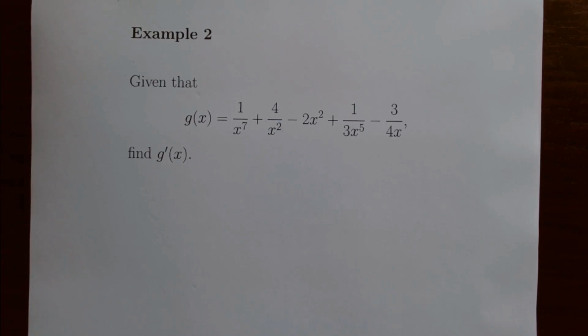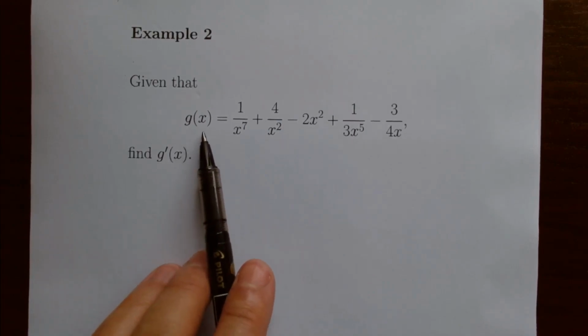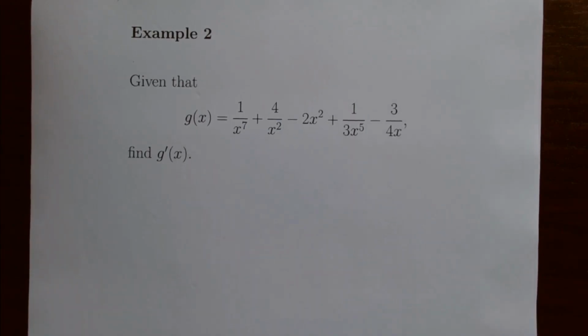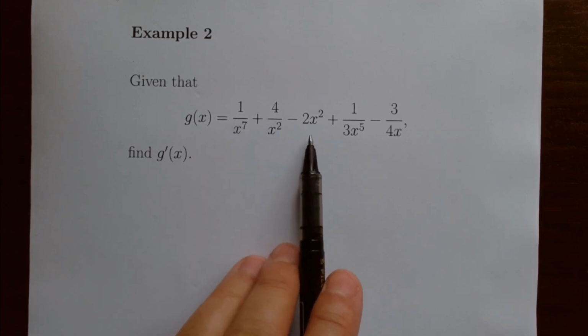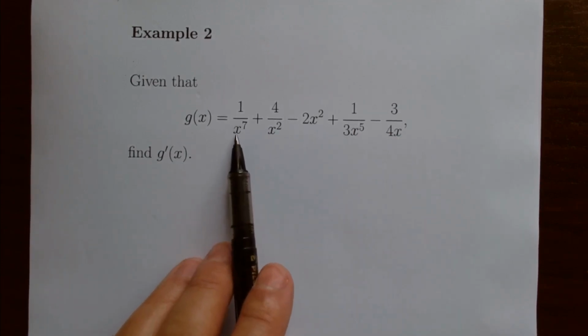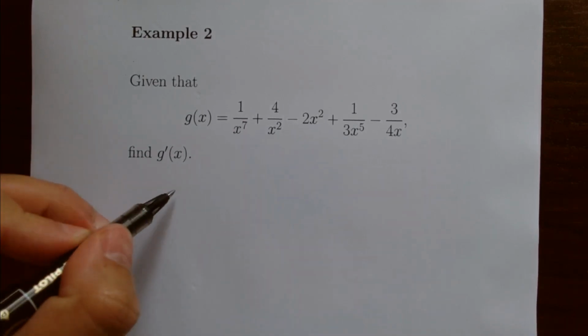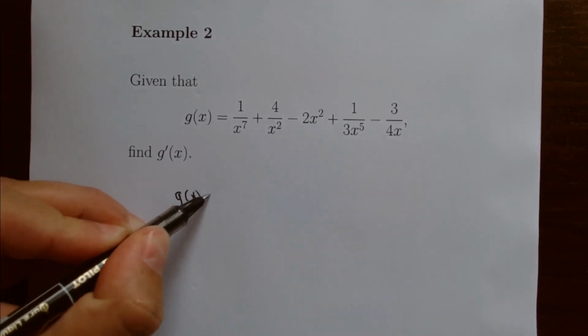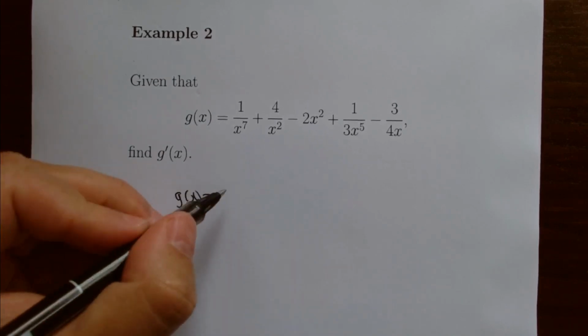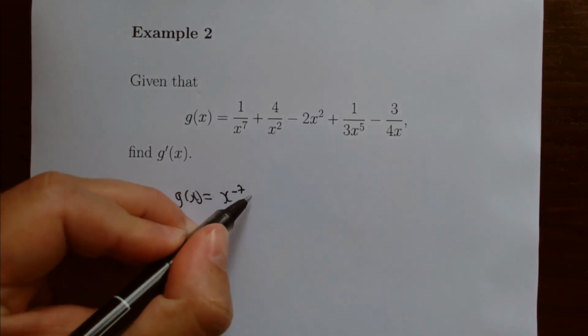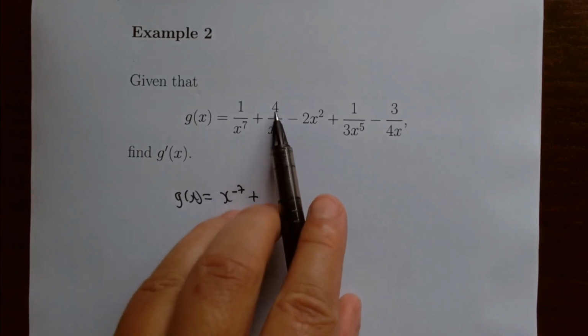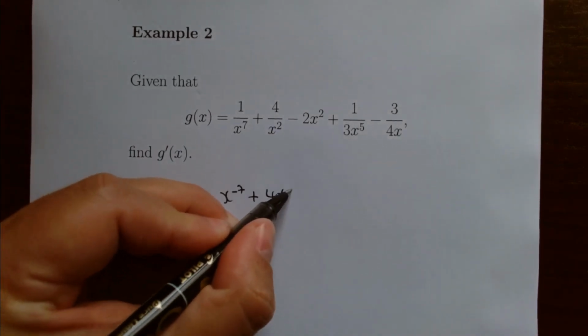Okay, example number 2, we're given a function g of x, and we need to differentiate it, and we can see there's these reciprocal functions, so we have to first convert them into negative indice notation. So g of x, that becomes x to the minus 7, plus this becomes 4 x to the minus 2.